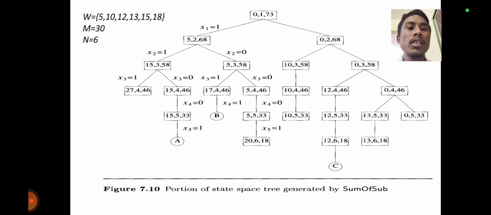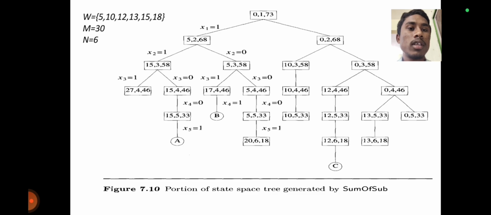If we include the fourth element, which is 13, it exceeds our maximum weight of 30. Hence we cannot include that element and we backtrack again.